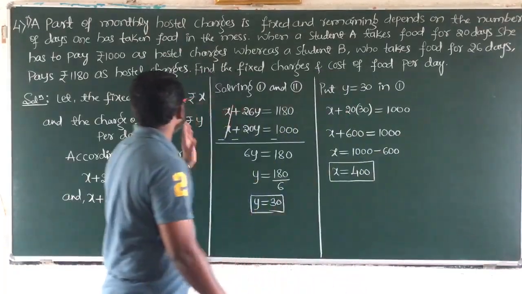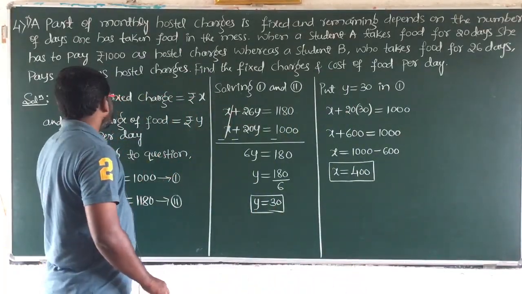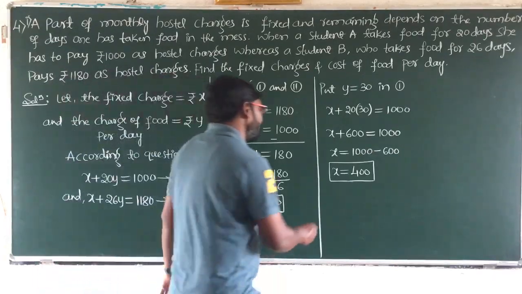What is x here? It is the fixed charge, and y is the charge of food per day, which we have to write at the end.